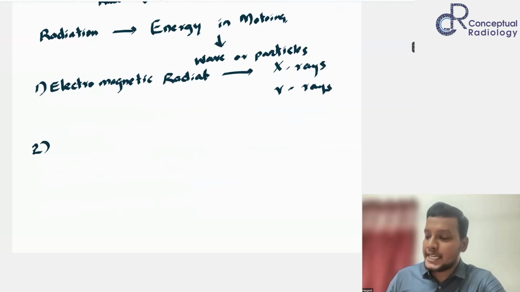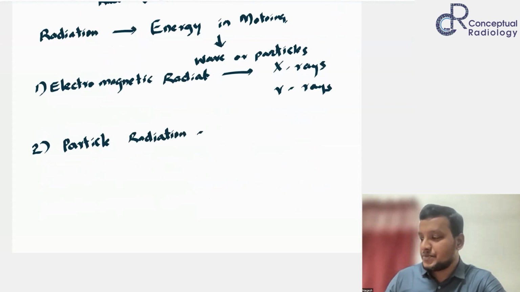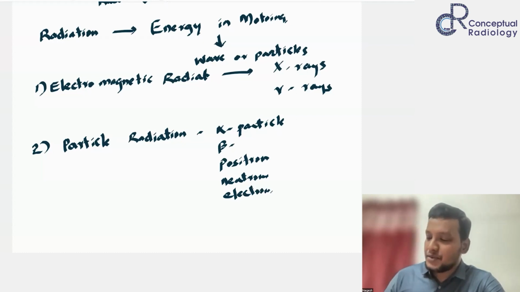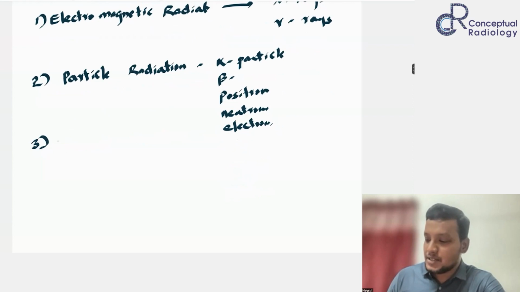Then we have particle radiations, which include alpha particles, beta rays, positrons, neutrons, electrons, etc.